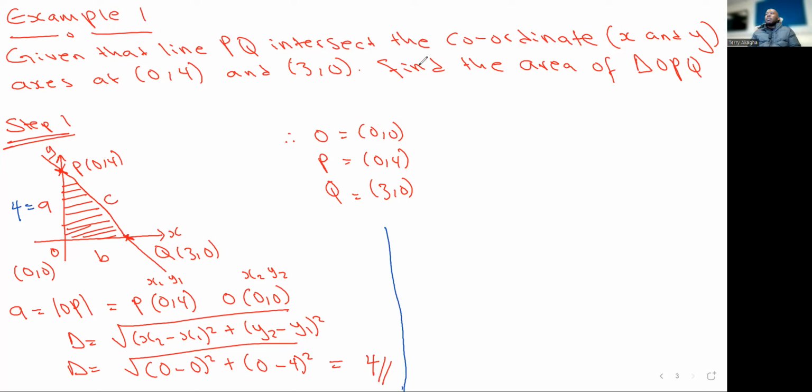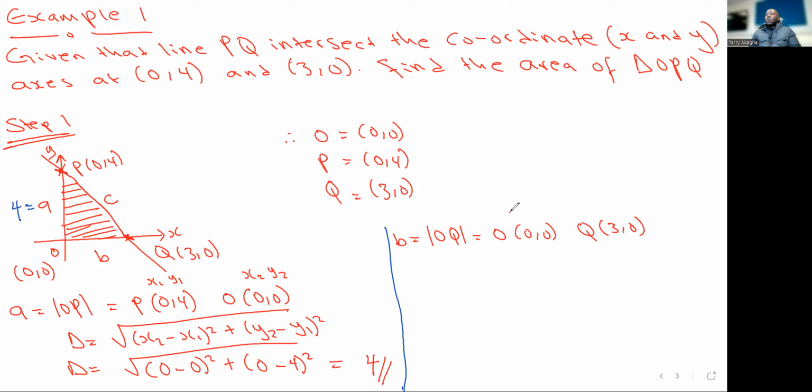Now let's find B. B is the same thing as line OQ. We have O to be 0 and 0, and Q to be 3 and 0.